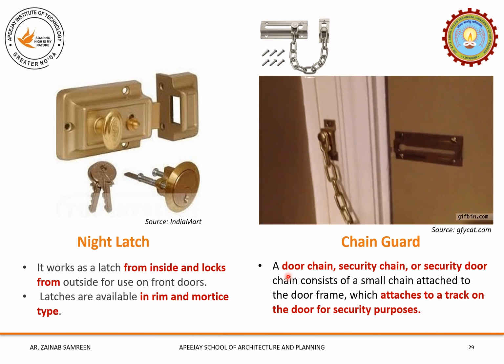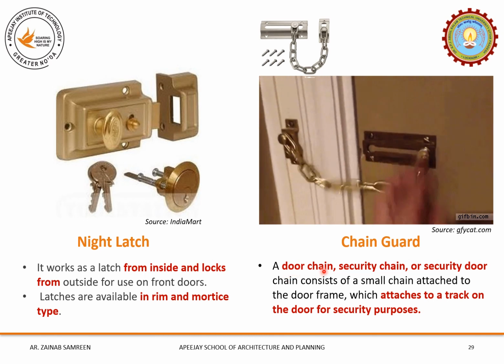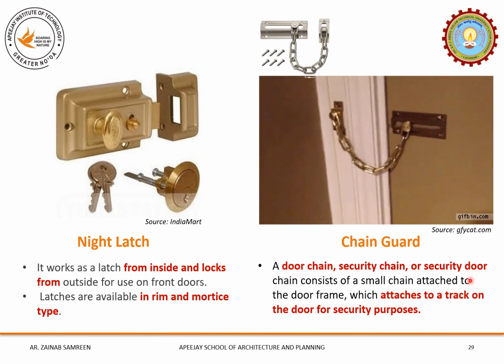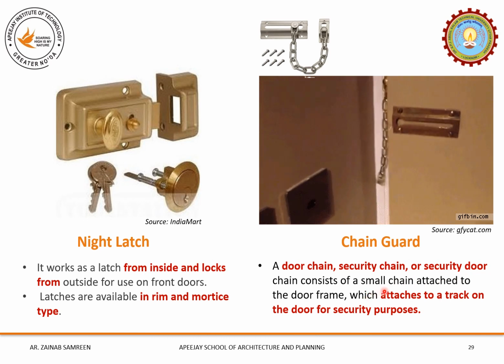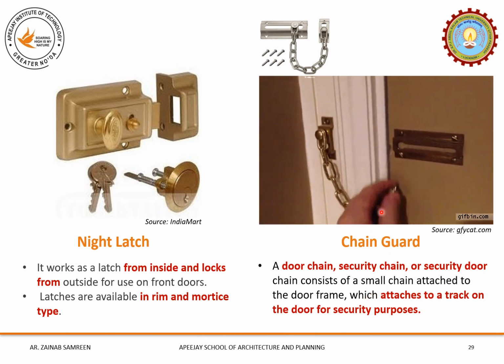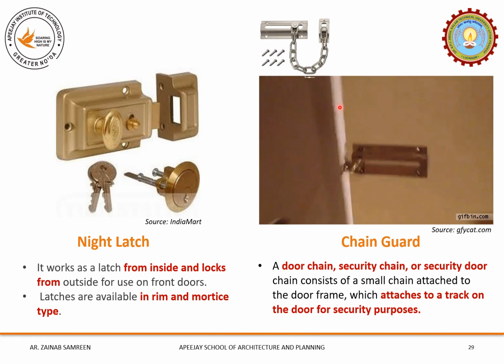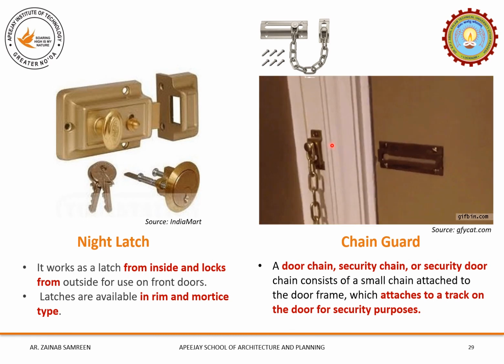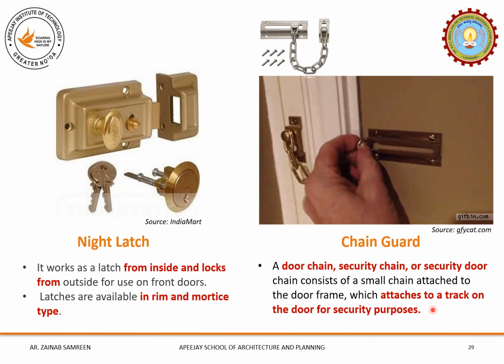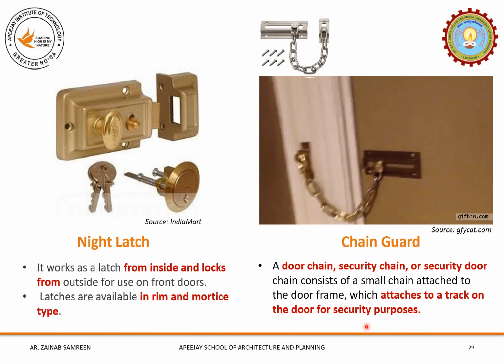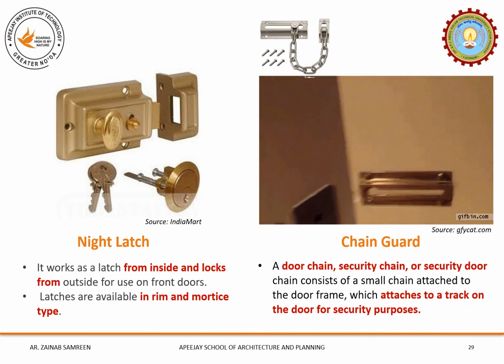You can also say a door chain, security chain, or security door chain. It consists of a small chain attached to the door frame. Here you can see this chain is attached to the door frame, which attaches to a track on the door for security purposes.